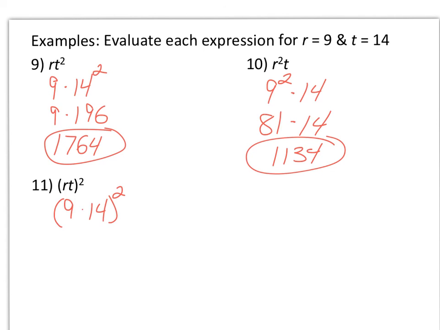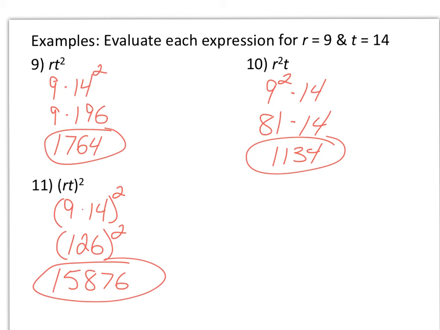All right, order of operations tells us to simplify inside parentheses. So 9 times 14 is 126. And if we square that, we're going to get 15,876. Okay, and that concludes our lesson on exponents and order of operations.